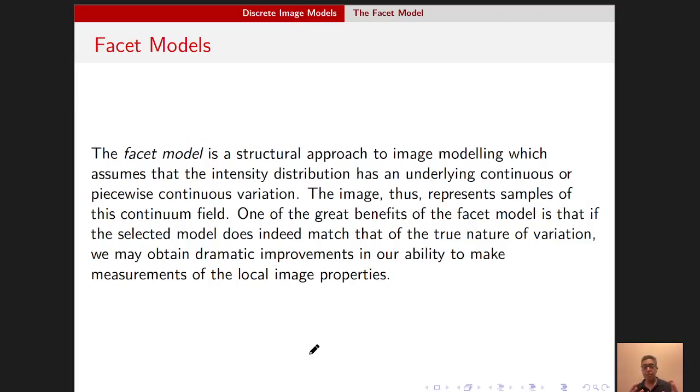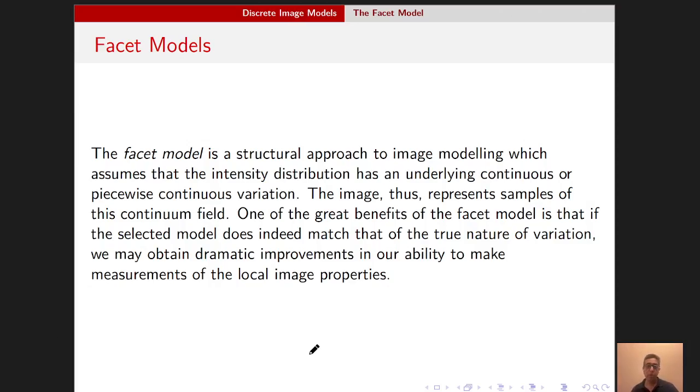And the facet model is a very handy conceptual tool to define the notion of rate of change and to figure out how you can estimate the rate of change of intensity as a function of one or more coordinates of space.